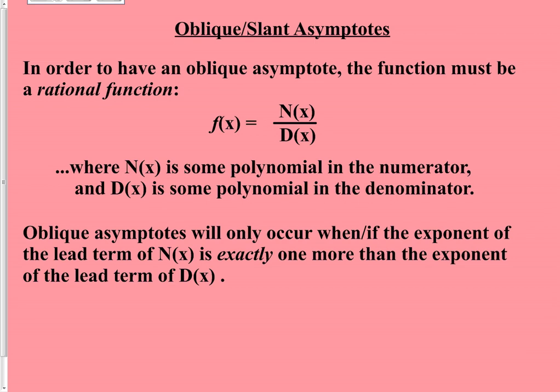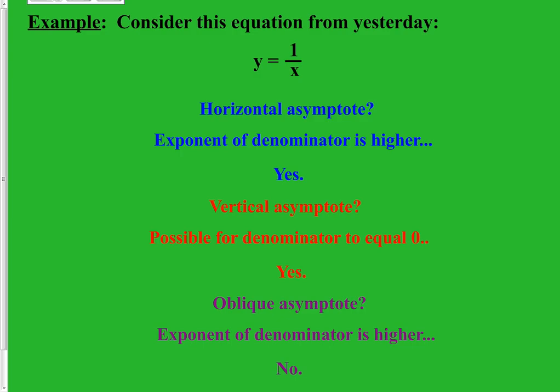Okay, so that's how come you're never ever going to see an oblique asymptote and a horizontal asymptote in the same graph together. It's because their definitions disagree with each other. The denominator for the horizontal has to be equal or larger, but for the slant asymptote, it has to be larger, but not just larger. It's got to be larger by only 1 value.